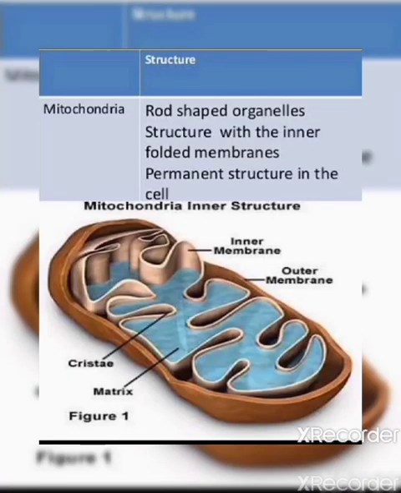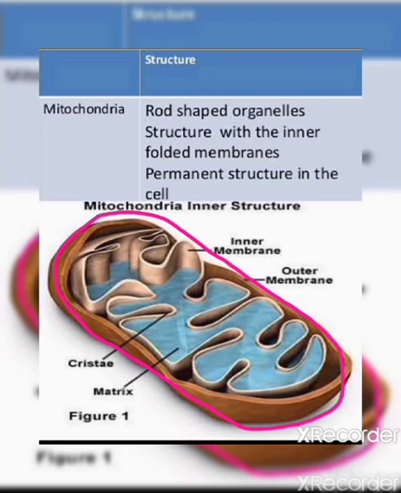Class, in front of you there is a structure of mitochondria. Easily you can see the rod-like shape of mitochondria. Mitochondria is surrounded by a double membrane.